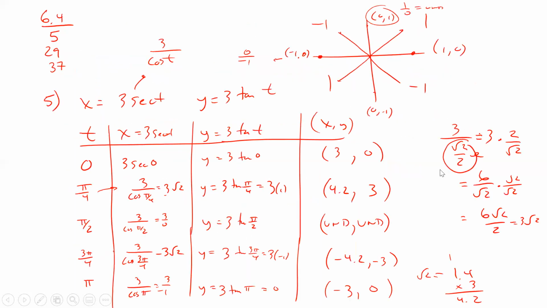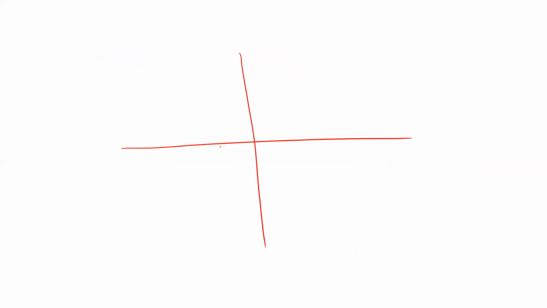Okay, can we put these all together on one graph here? Yes. Let's see, the highest I go is 4.2. The lowest is -4.2. So I'm going to build my graph maybe out to 5. 1, 2, 3, 4, 5.